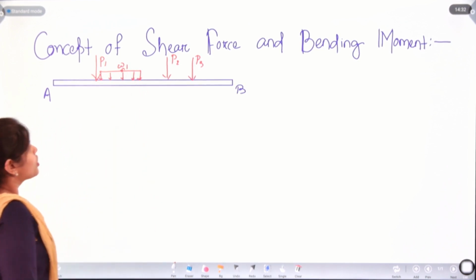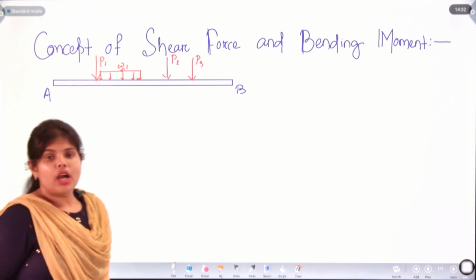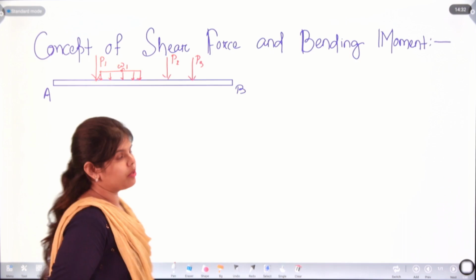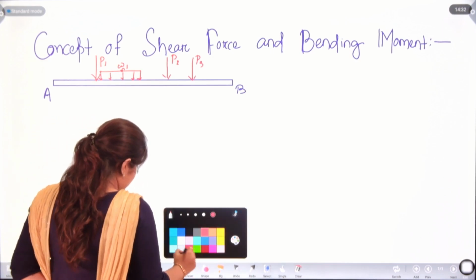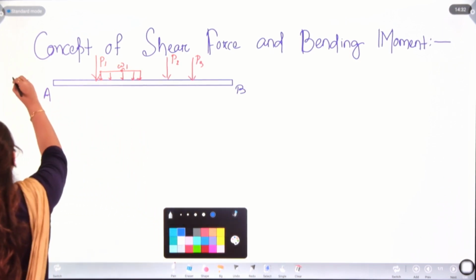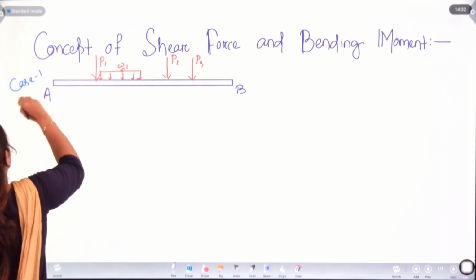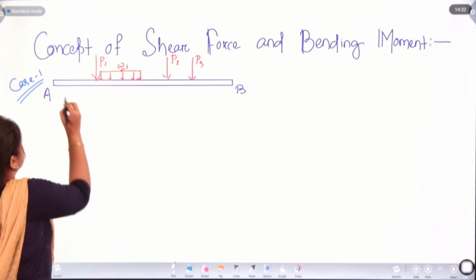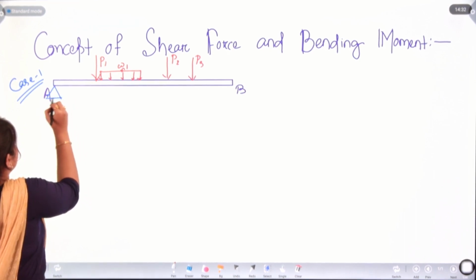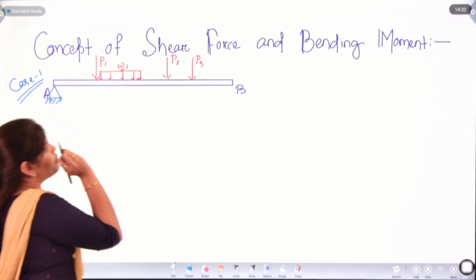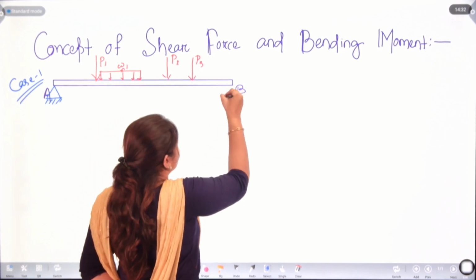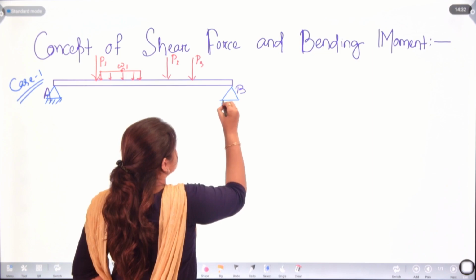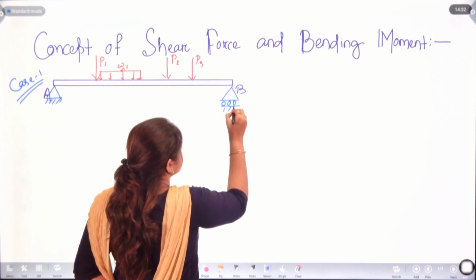Now to understand how to find shear force and bending moment, let's take it as case 1. Let's take this beam as a simply supported beam.